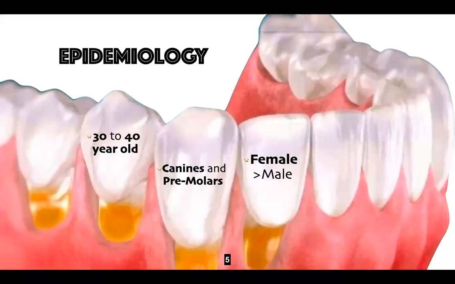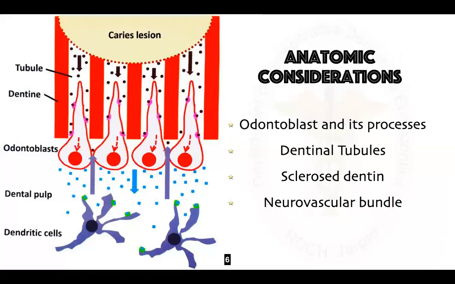Female predominance is seen, because one of the reasons for dentin hypersensitivity is the wrong brushing technique, right? Females are more concerned about their aesthetics, and maybe because of wrong brushing techniques, dentine hypersensitivity is seen more commonly in females as compared to males.